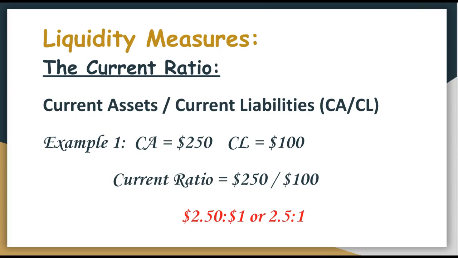But just for simplicity, we're going to use 250 divided by 100, and we get a current ratio of 2.50, or $2.50 of current assets for every dollar of current liability. So you could just say that you have a current ratio of 2.50, which implies a ratio of 2.5 to 1.